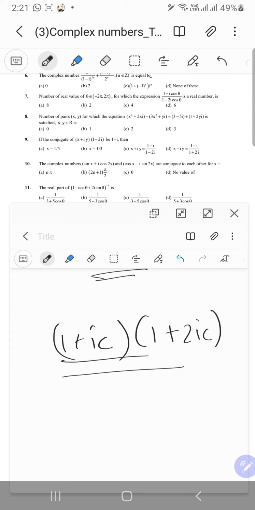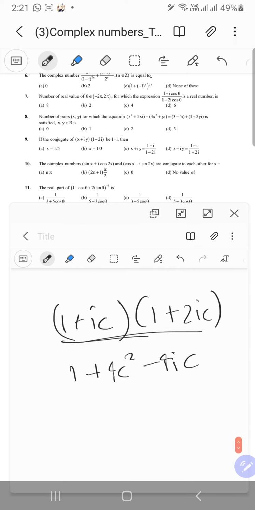Over here, just gonna get 1 squared, 1 minus 2, so like plus, okay, plus 4 cosine squared, okay, minus 4i cosine theta. Cool. So 1 minus 2 cosine squared theta plus, it's gonna be 2i cosine theta. I cosine theta is 3i cosine theta.